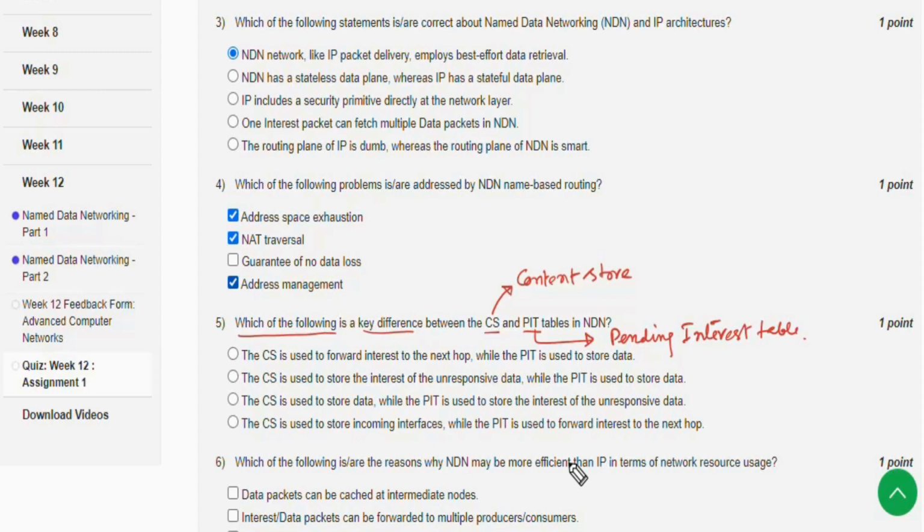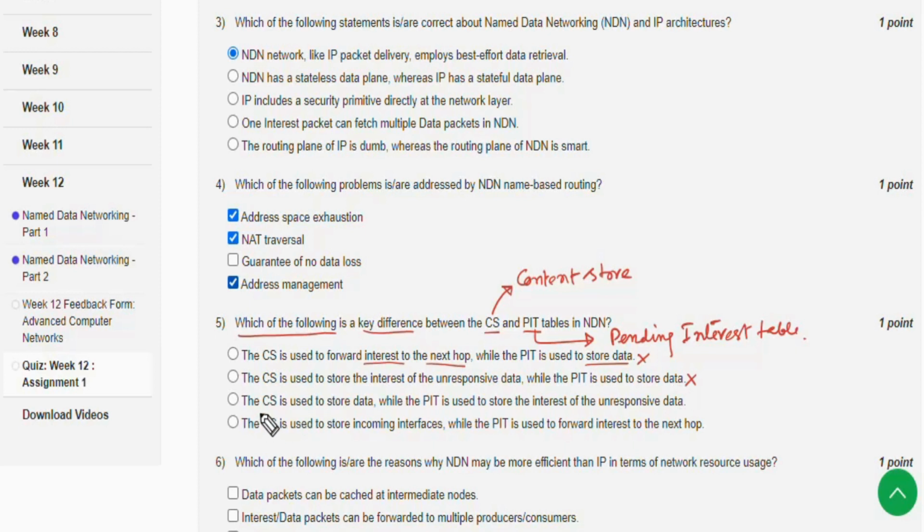The options are: the CS is used to forward interest to the next hop, while PIT is used to store data. That is not correct. The CS is used to store the interest of the unresponsive data, while the PIT is used to store data. That is also not correct.